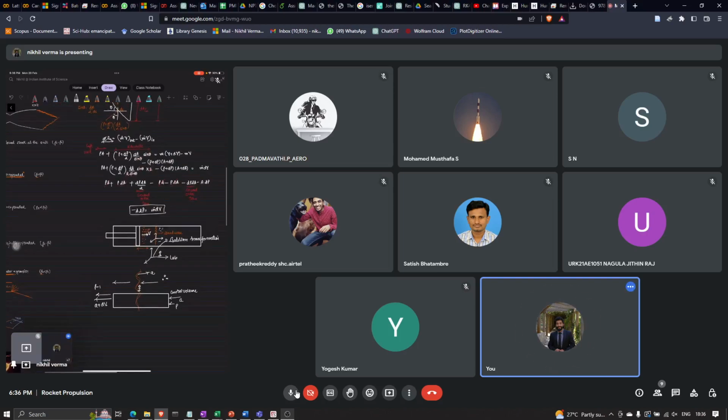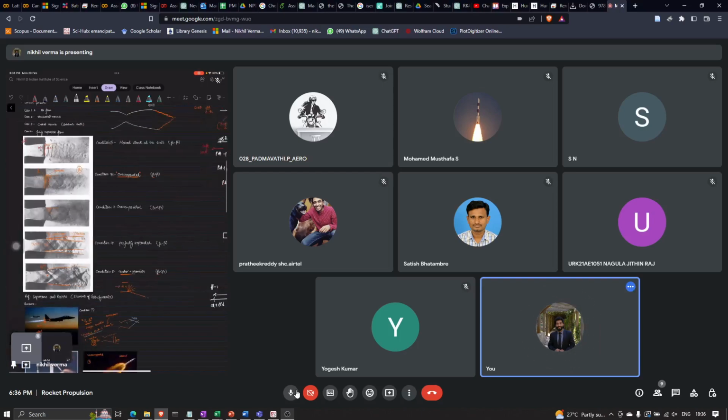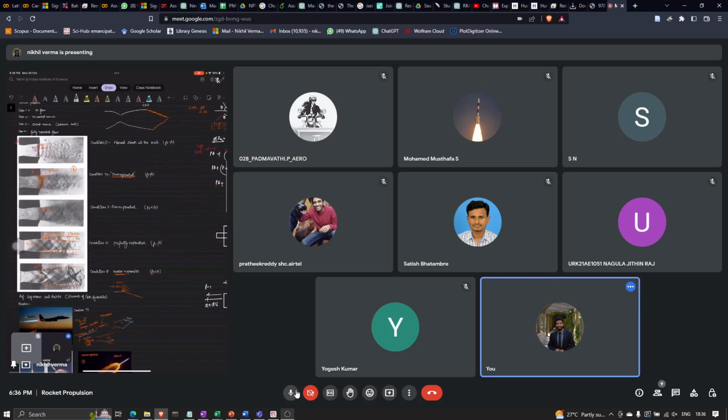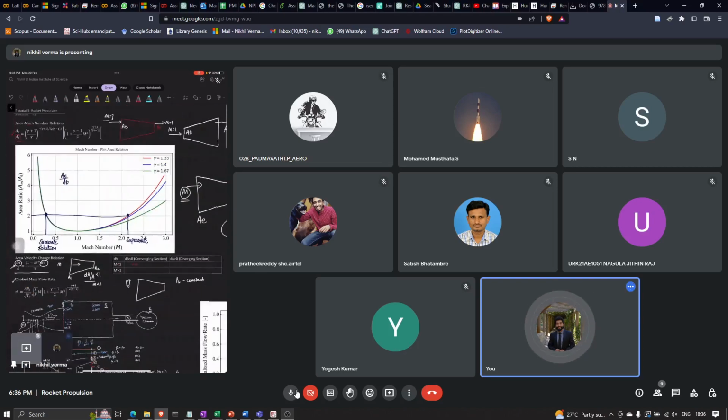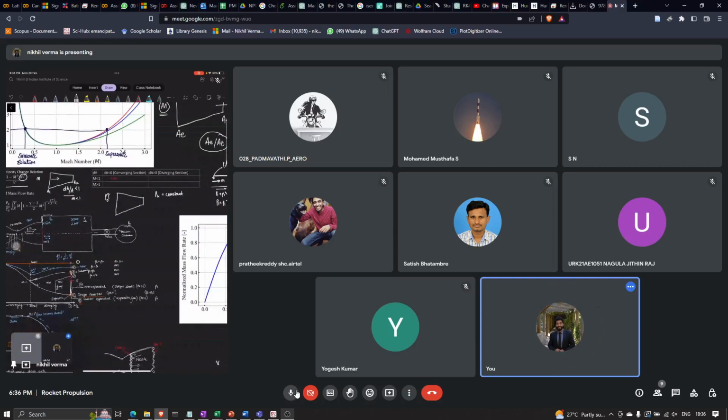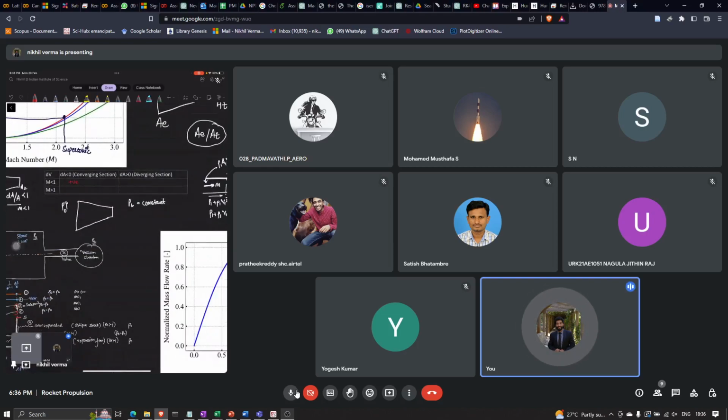So let us move to the nozzle part. We were on this, right? We said that if you have a converging nozzle and the Mach number is less than one, the flow will accelerate.